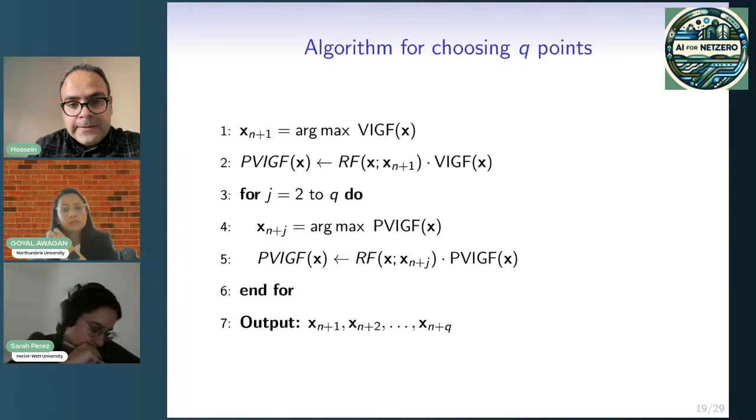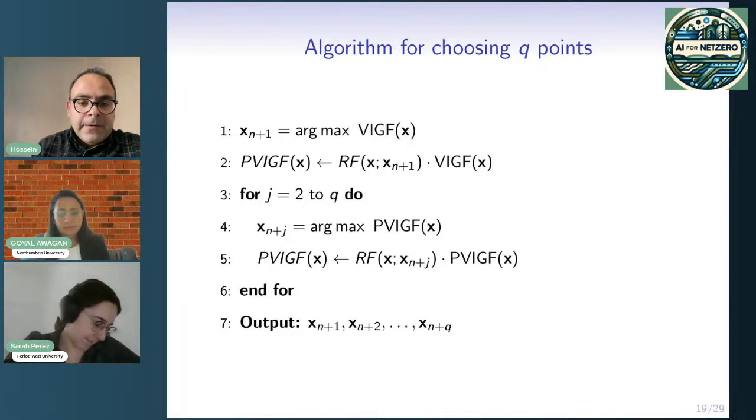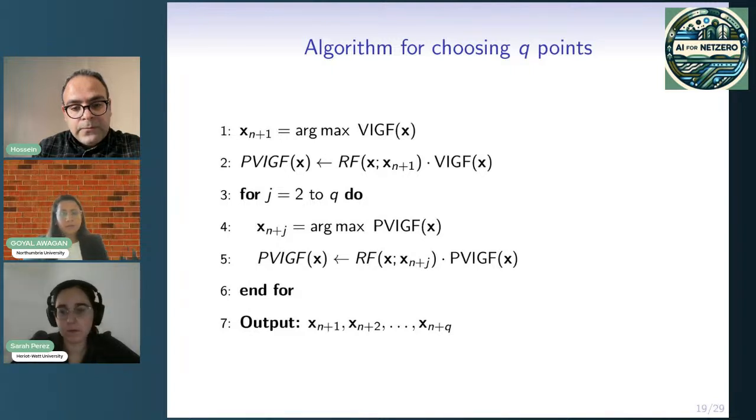Then for j from 2 to q in a loop, of course q must be greater than 2, the next sampling location is obtained by maximizing PVIGF at x. Then again, we multiply by the repulsion function, where now the updating point is xn plus j, times PVIGF. We obtain a new PVIGF, and this process continues. Finally, we can obtain xn plus 1, xn plus 2, to xn plus q without evaluating our model.